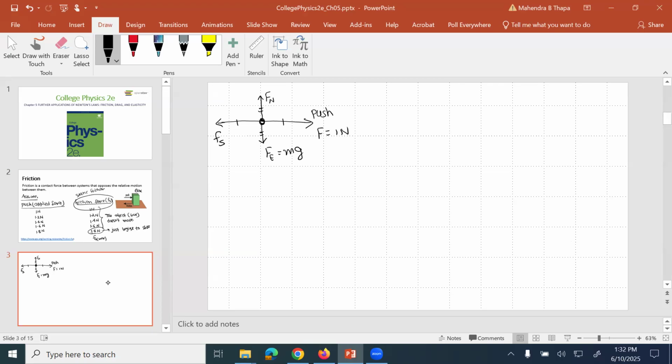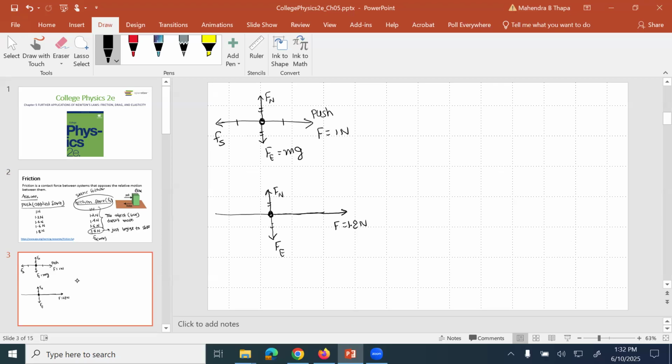If I push harder, what will happen in the force diagram? The vertical forces, Fn and Fe, will not change. They still remain the same. I increase the push force, so now say 1.2 Newton. So the length of the arrow is slightly bigger, F equals 1.2 Newton.